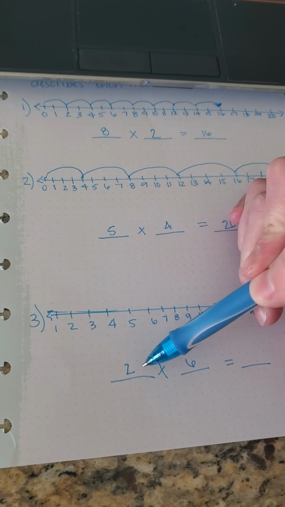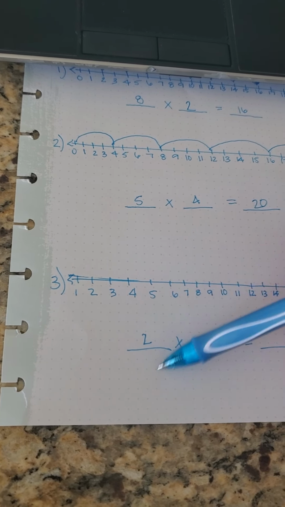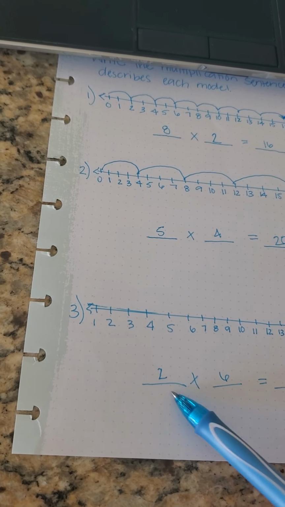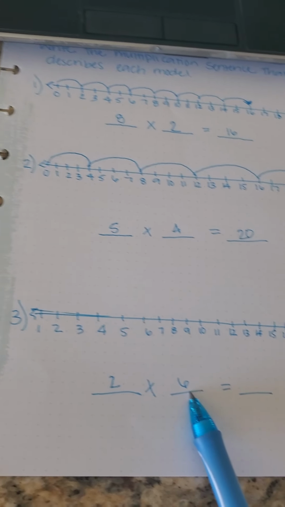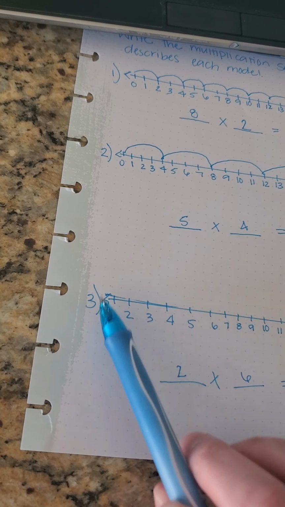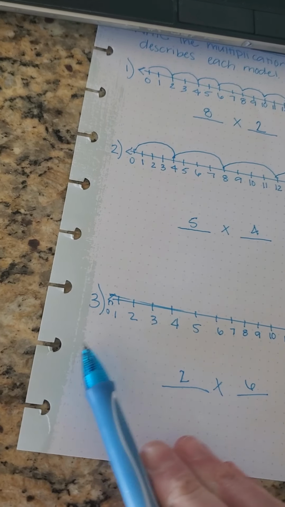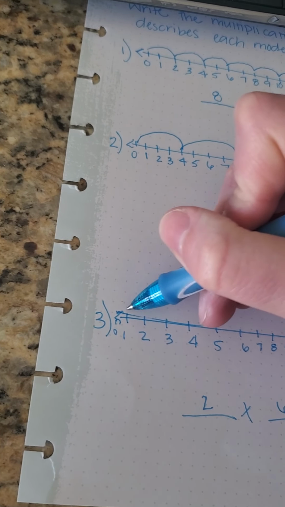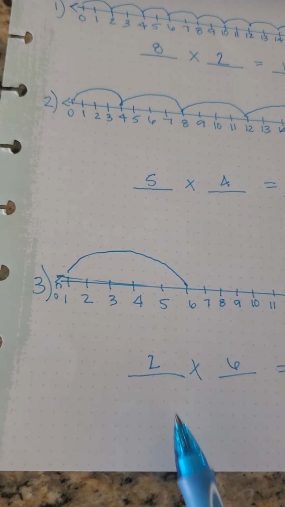All right, now that I've given you time, this number tells us again, very good, how many groups we have or how many hops. And then how many numbers are in each of those groups? We have 6. So our very first line, or hop, should be from 0 to 6. We're going to draw a line from here to here, and that's our first hop, and we have 2 of these.